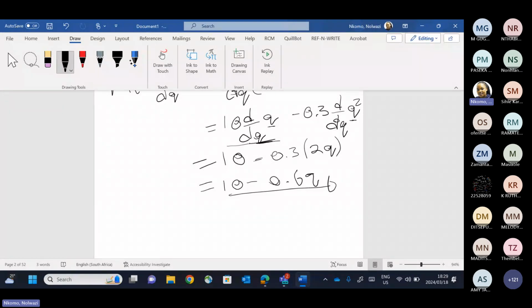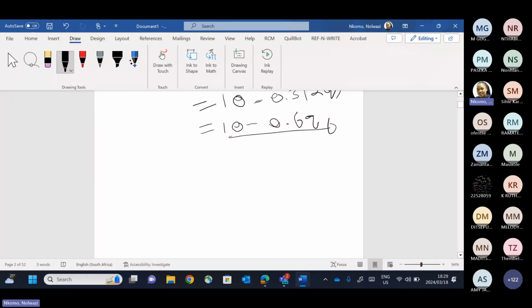The question is, what would be the marginal revenue of the next unit to be sold? How much marginal revenue are you going to get if you sell the 16th unit? This is how you're going to solve for that.